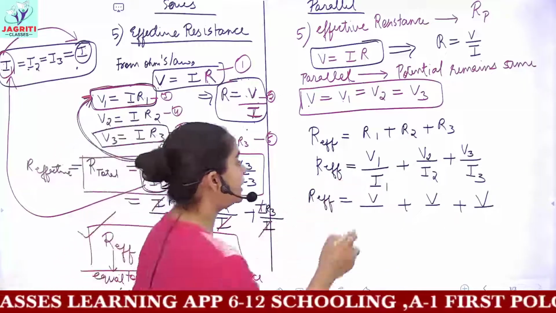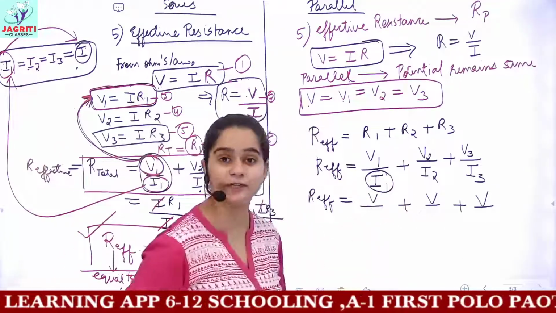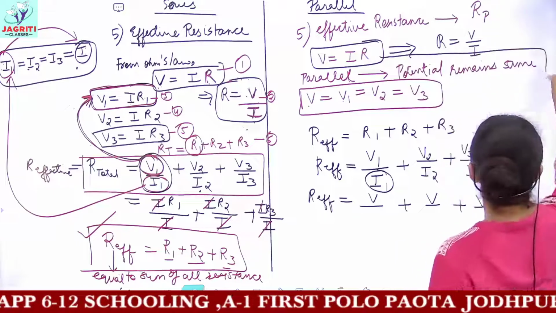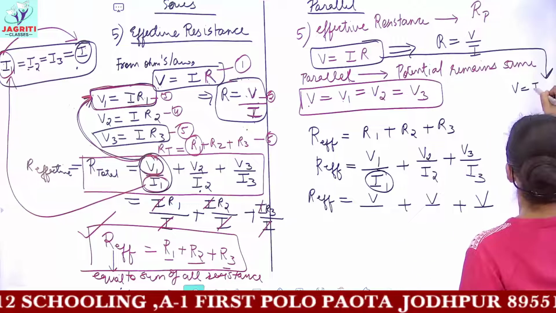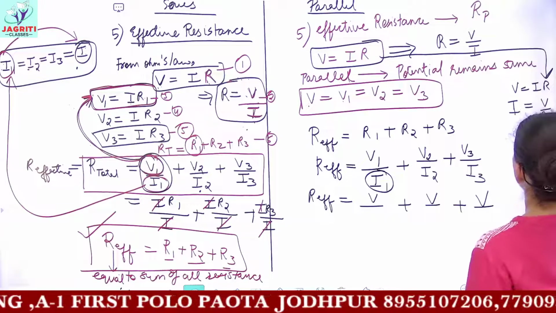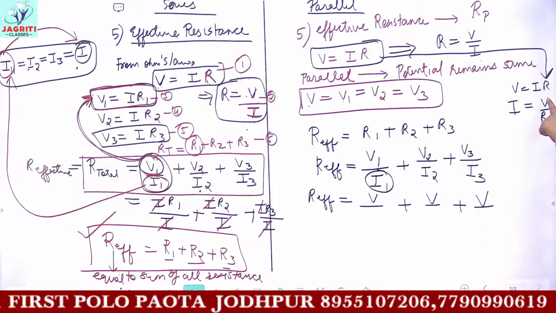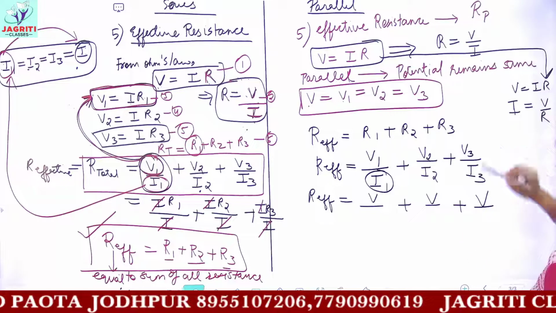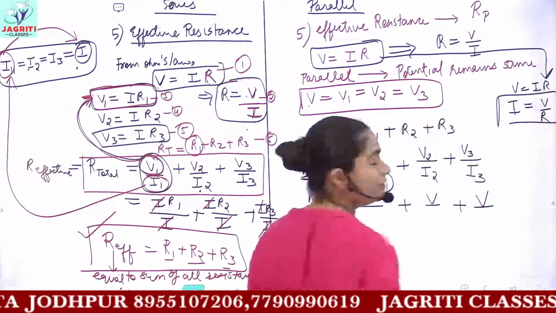Now we have to find the value of current, that is I1. From Ohm's law, V equals IR, so I would be V divided by R. In turn, I1 would be V1 upon R1.